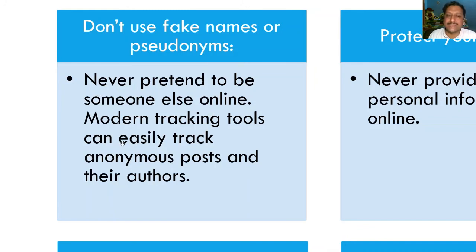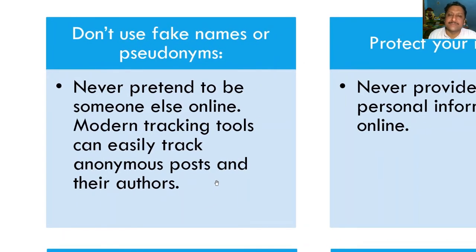Modern tracking tools can easily track anonymous posts and their authors. Even if you use fake names and make a fool of another person, these are new technologies, not the old days. Modern tracking systems are so robust that they can recover who you actually are.